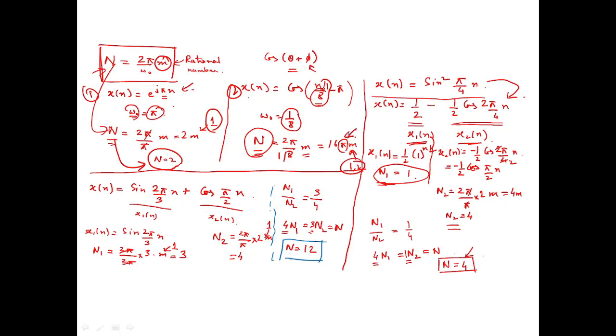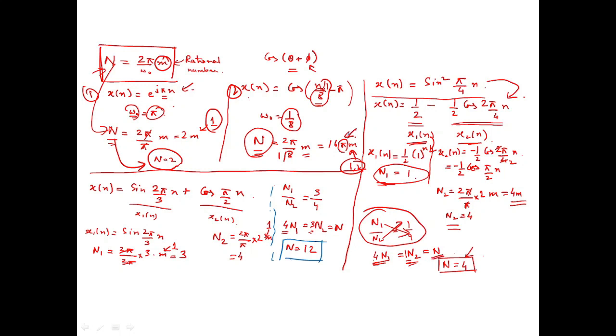On the other hand, for x2[n], N2 equals 2 pi by pi multiplied by 2m, which is equal to 4m, and considering m equal to 1, we have N2 equals 4. Now we have to find the N1 by N2 ratio, which is equal to 1 by 4. So we get 4 N1 equals N2, that is, 1 multiplied by N2.